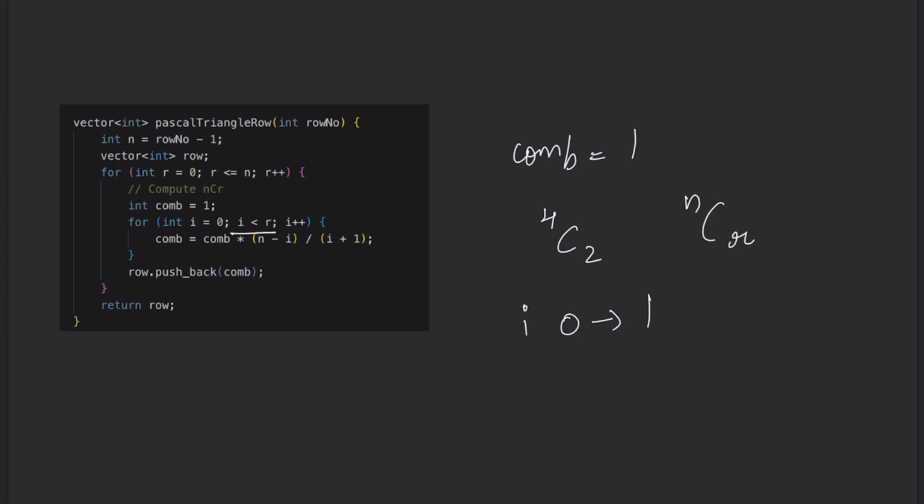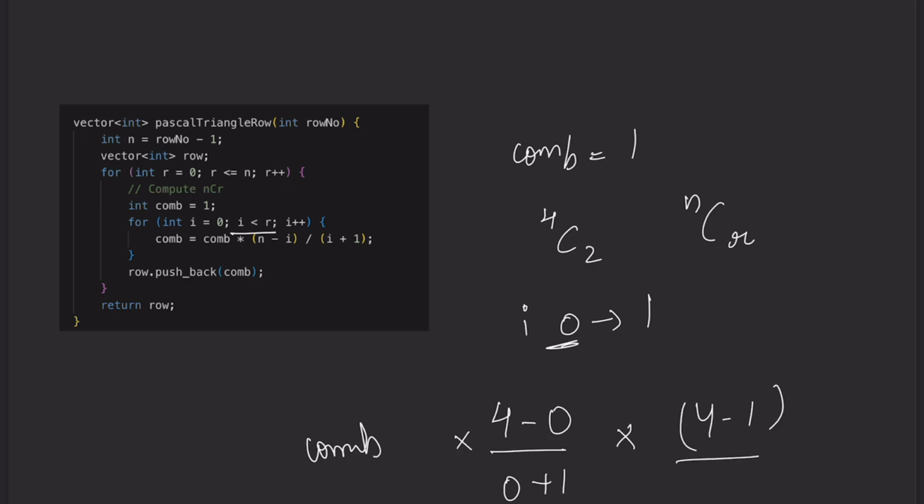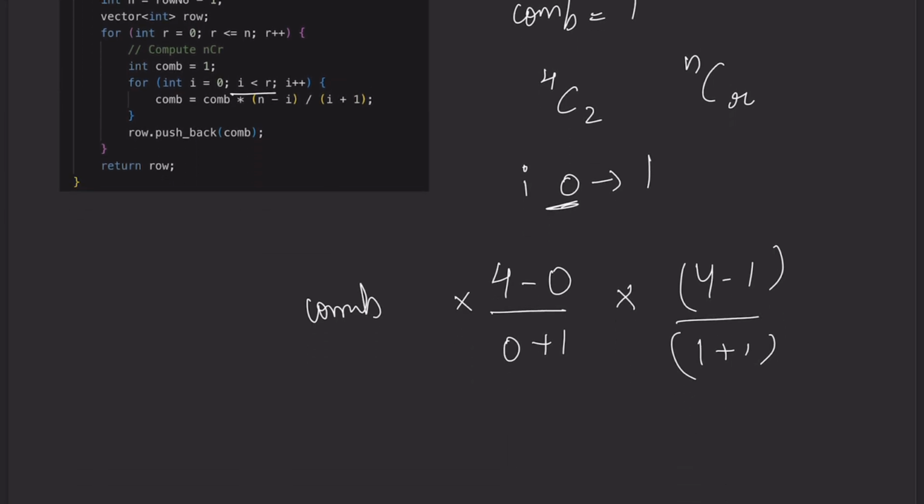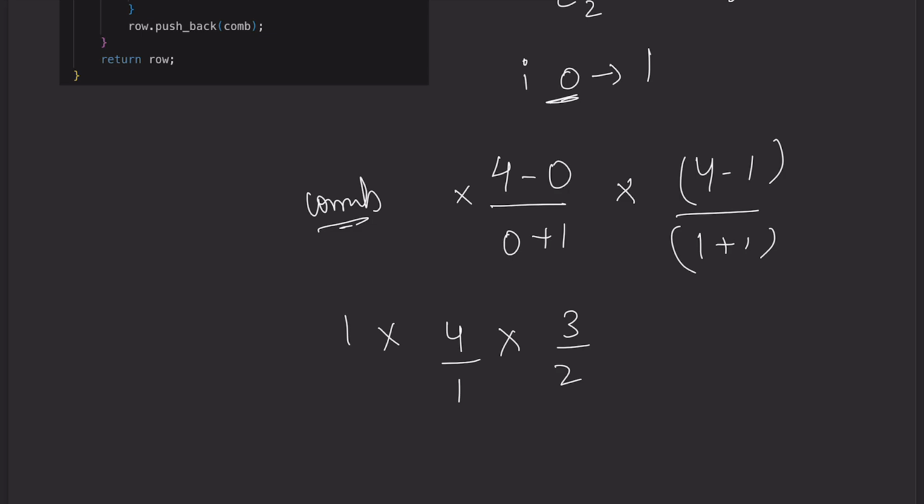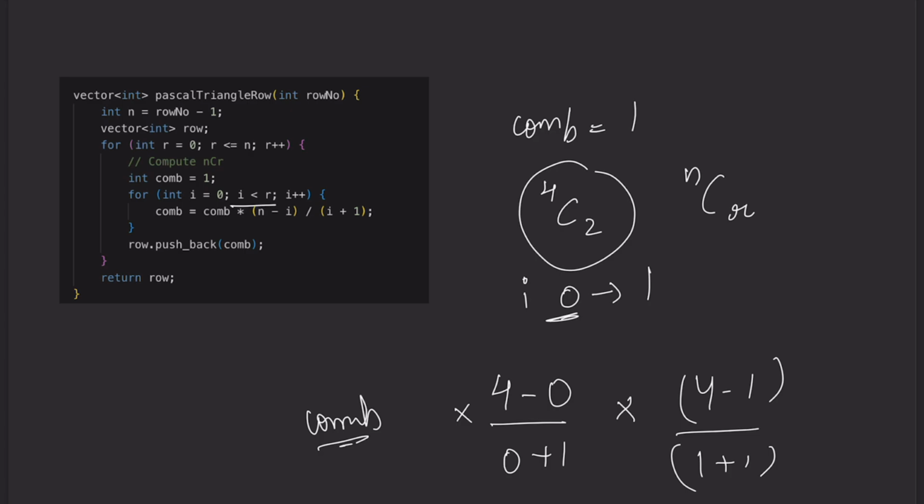So in the first case, we multiply by 4 minus 0 upon i plus 1, so i is 0, so 0 plus 1. And then we again multiply comb by, when i is equal to 1, 4 minus 1 upon 1 plus 1. So comb was 1, so 1 times 4 by 1 times 3 by 2. Right, so this is actually 6, which is the value of 4C2.